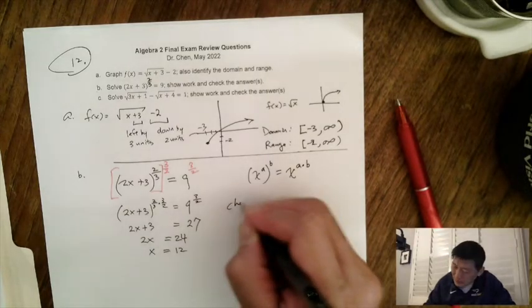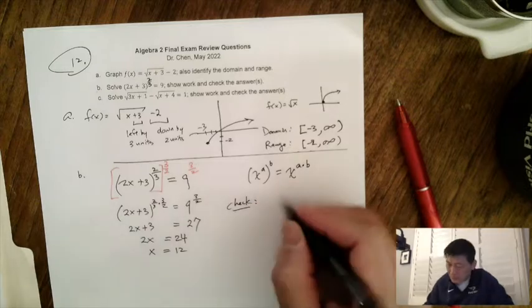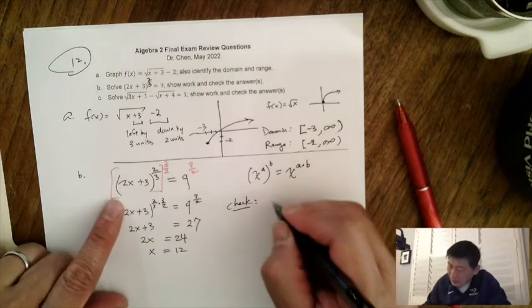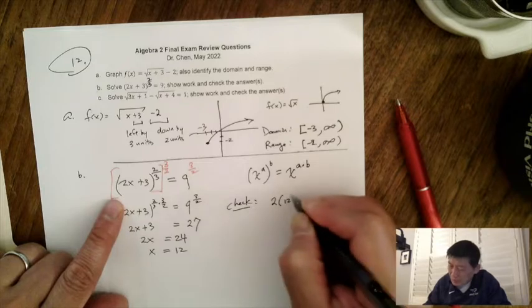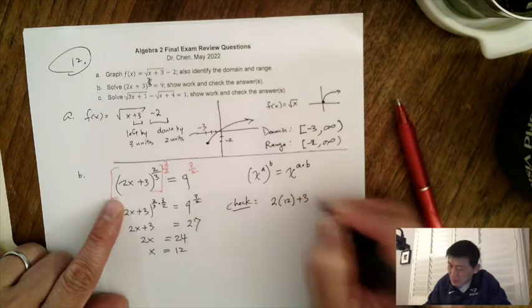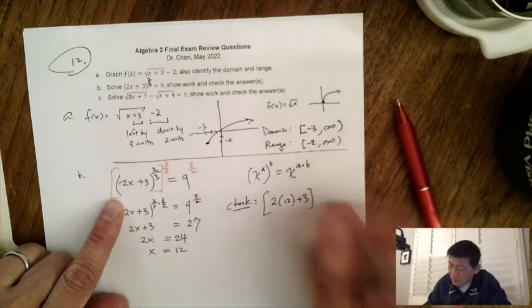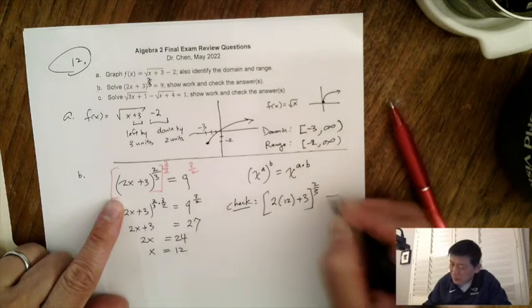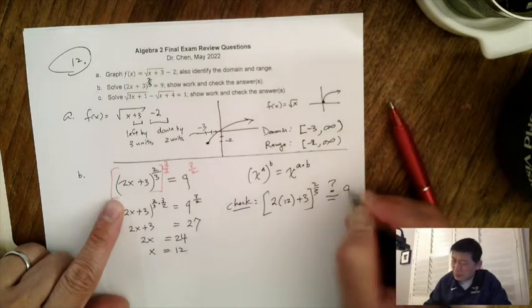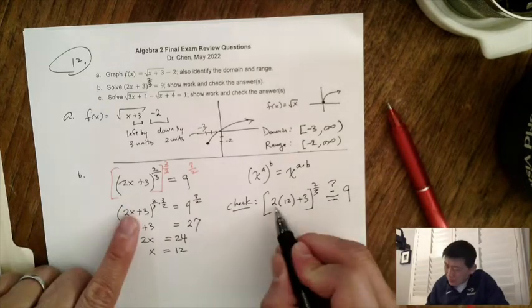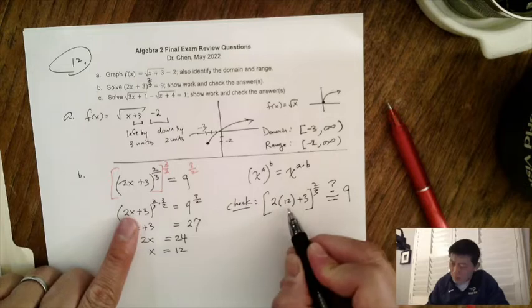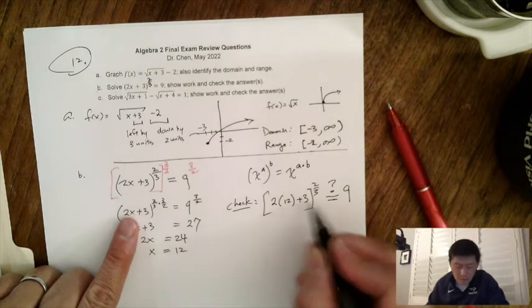Check. Make sure we're checking the answer. So 2 times 12 plus 3 to the power of 2/3. The big question is, does it equal 9? So let's take a look. 2 times 12 is 24. 24 plus 3 is 27.